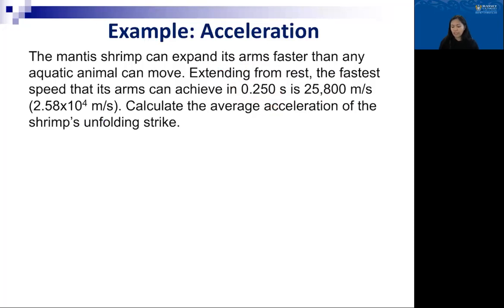Calculate the average acceleration of the shrimp's unfolding stride. As usual, I'll give you a few minutes to think about this problem and maybe start working towards the solution, and then we'll look at how we answer the question.